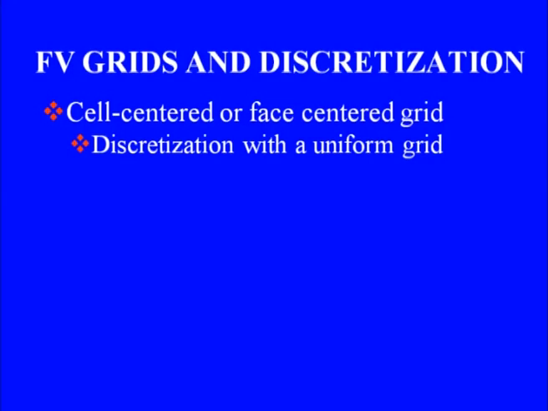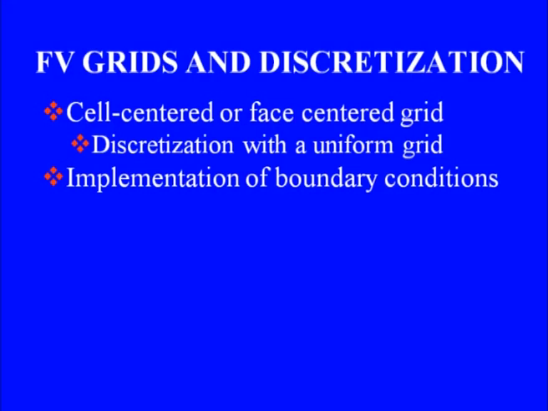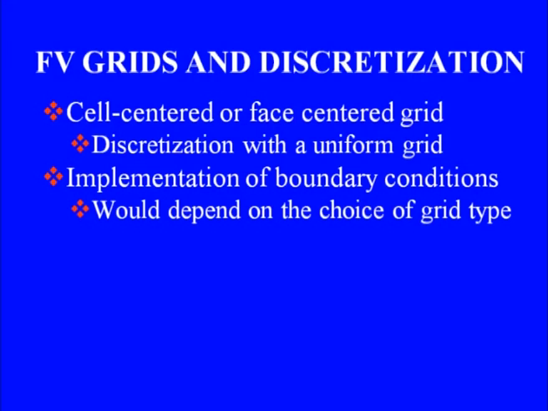But first let us have a look at the finite volume formulation for a typical control volume. So, we will choose a discretization with a uniform grid, and we will implement our boundary condition.